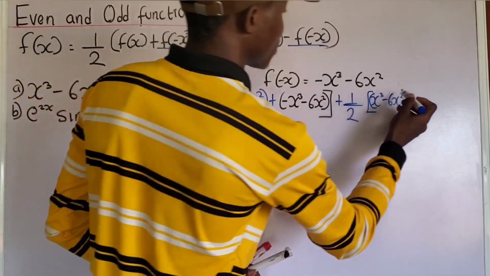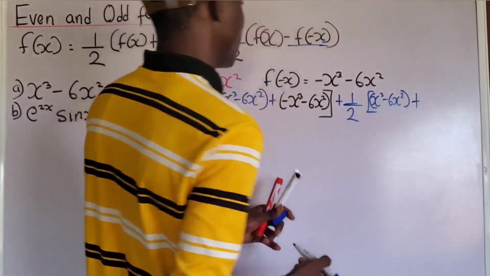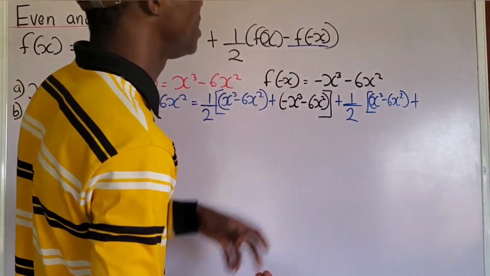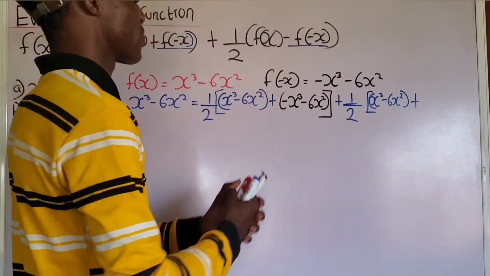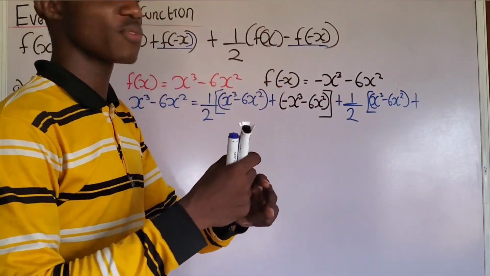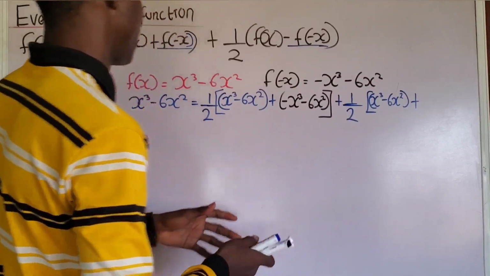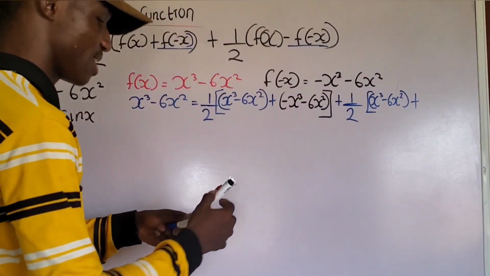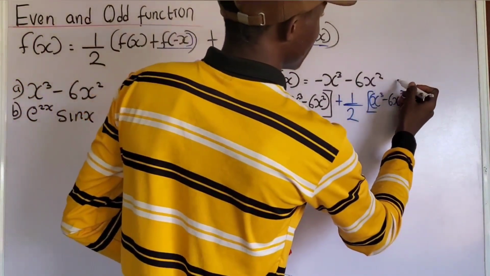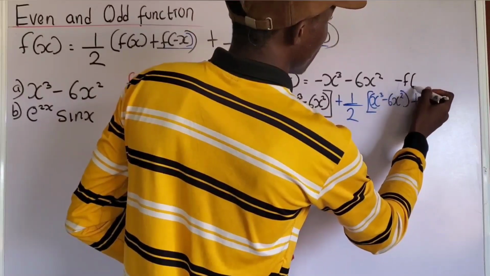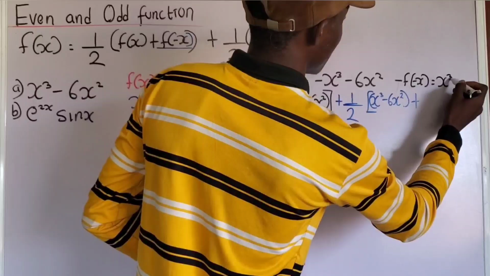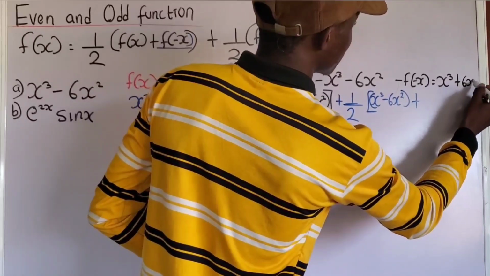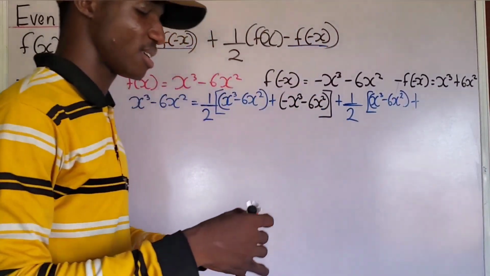Now plus, we still need negative f of negative x. We still need to determine negative f of negative x, so let us quickly do that. Negative f of negative x will be x to the power of 3 plus 6x squared. You understand?